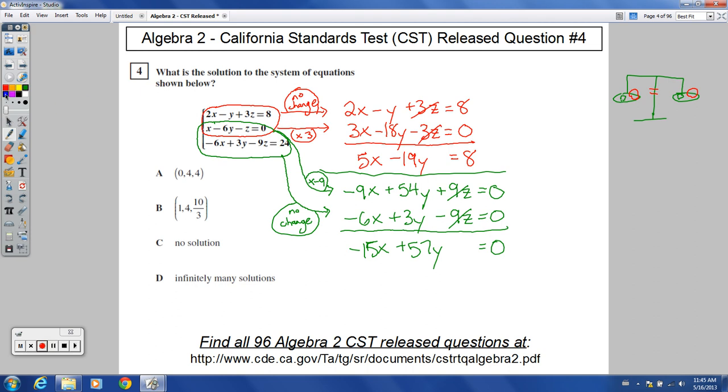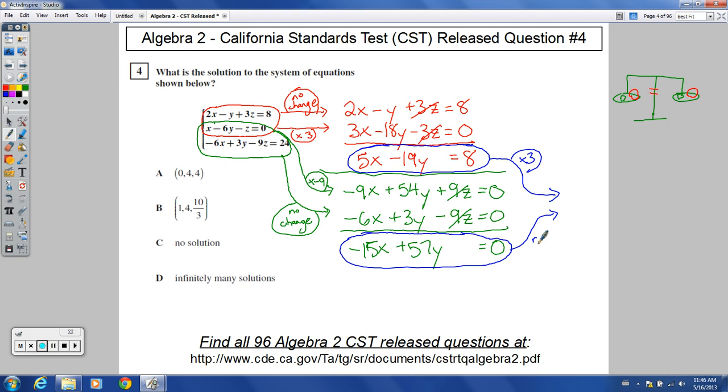I'm going to go with blue now, just to keep things easier to follow. I'm going to take this one and this one, and use linear combination one more time. It looks like I'm going to solve for y. I can multiply this by 3, and then that would cancel out with the x down there. So let's do that, times 3.